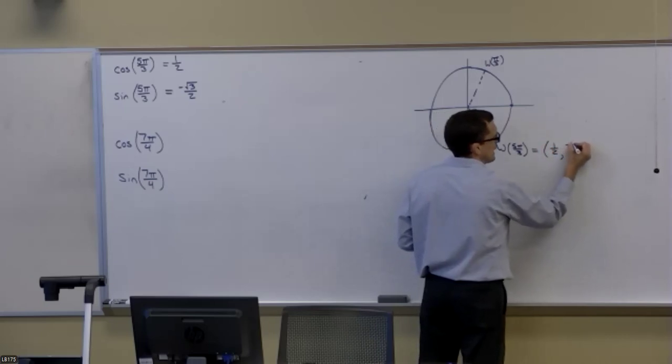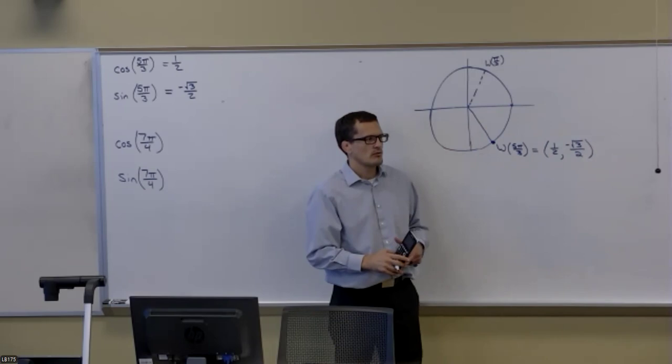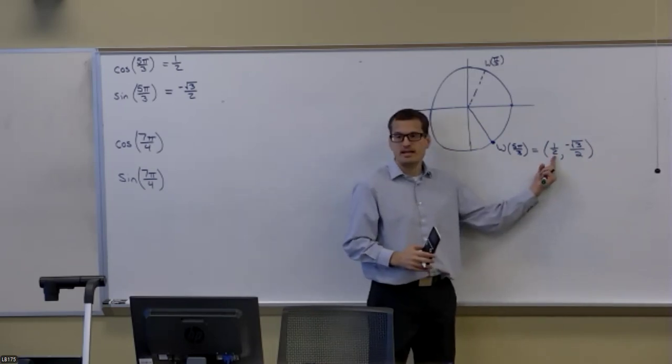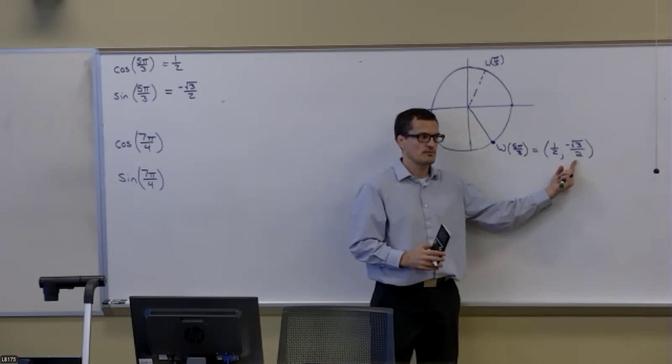If I project across the x-axis and I negate the y value, this is telling me that the cosine would have had to be 1/2. The sine of 5 pi over 3 would have had to be negative root 3 over 2.